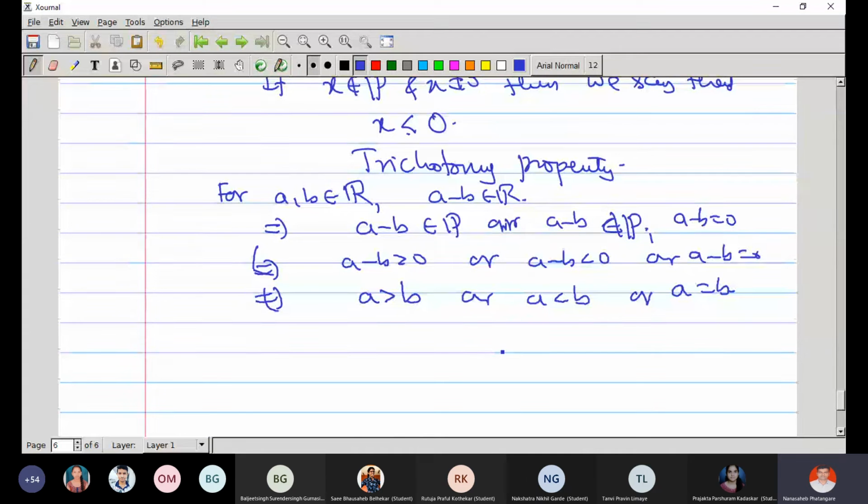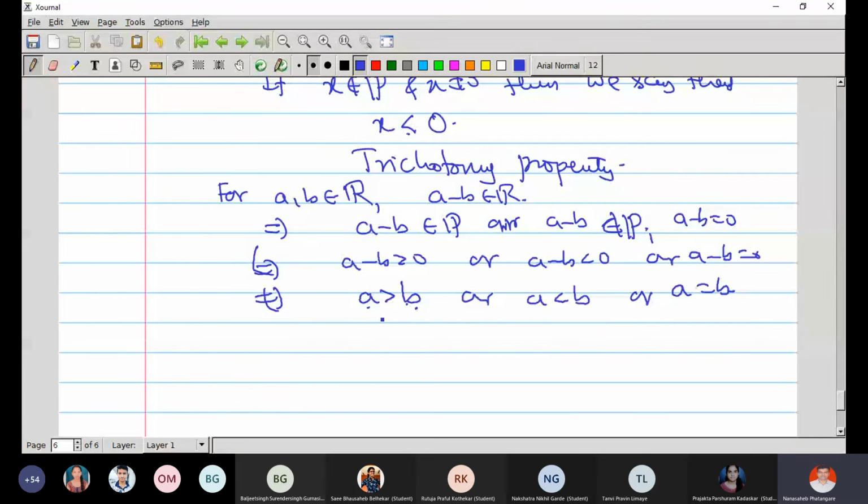Therefore, given any two real numbers, they are always comparable. Comparable means that given any two real numbers, a is greater than b, or b is greater than a, or they are the same. There is a comparison order, and this comparison helps. Otherwise, if there is no comparison, there is no order property. 1,000 rupees is more than 500 rupees.